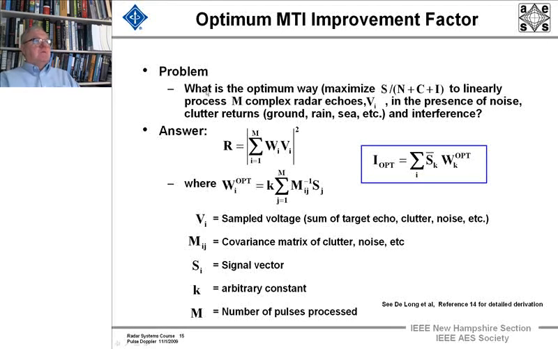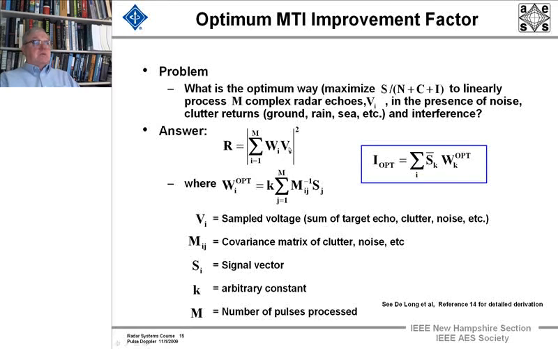The problem is, what is the optimum way to maximize the signal to total noise, clutter, and interference to linearly process M complex radar returns, the V sub i's, in the presence of these backgrounds? And the answer is this. The result is, in power, the sum of a set of weights times the voltages.